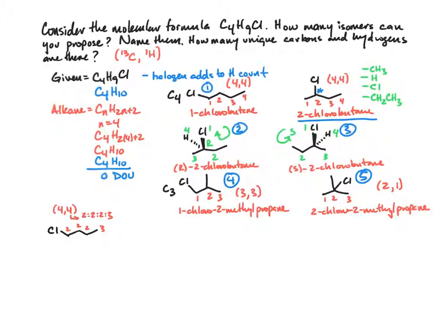Let's go ahead and look at the 2-chloro. And we said this was also 4 and 4. Let's go ahead and determine the number of hydrogens on each carbon. We have 3, 1, 2, 3. So the ratio or integrations would be 3 to 1 to 2 to 3.